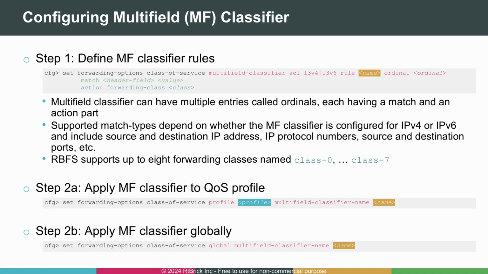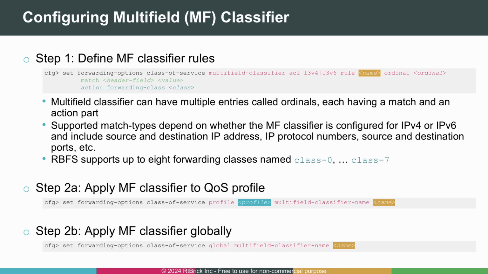As we just demonstrated, a multi-field classifier typically contains multiple rules, called ordinals, similar to standard access control lists. It also has a type, either IPv4 or IPv6, because the header fields differ slightly between the two protocols. Each ordinal includes one or more match criteria and a set of actions.